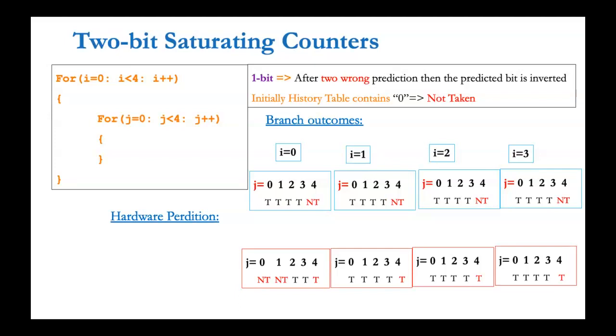So then, suppose the question is: suppose it is a 3-bit saturating counter. Then what is the initialization, compared to the 2-bit saturating counter for hardware prediction? For a 2-bit counter, it is 2 consecutive not taken, right? It starts with 2 consecutive not taken.